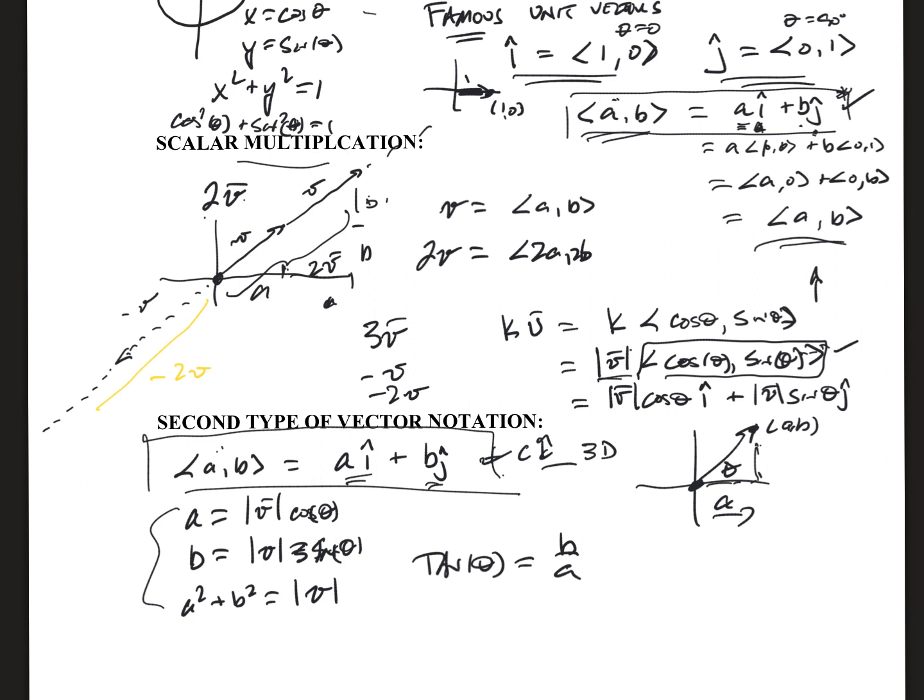But we're in 2 dimensions at the moment. So you'll see me working through both, but it basically boils down to the fact that we're multiplying the magnitude, how long the vector is, to my unit vector cosine, sine in order to get it.